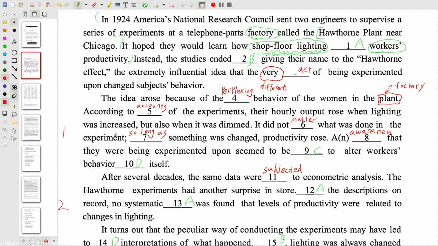According to accounts of the experiments, the early output rose when lighting was increased, but also when it was dimmed. It did not matter what was done in the experiment. As long as something was changed, productivity rose. And awareness that they were being experimented upon seemed to be enough to alter workers' behavior by itself.